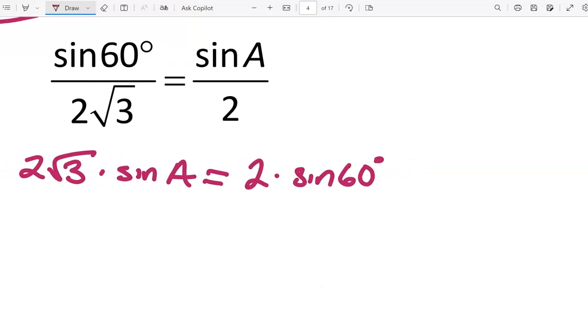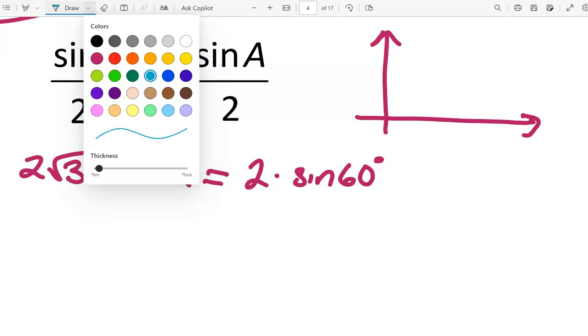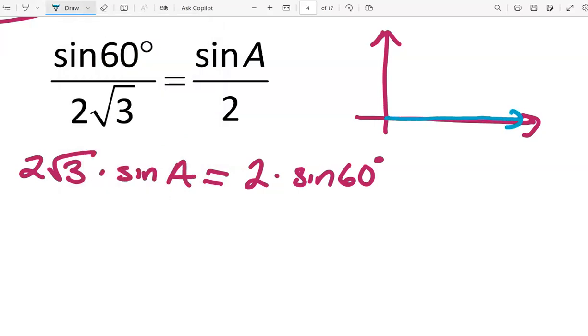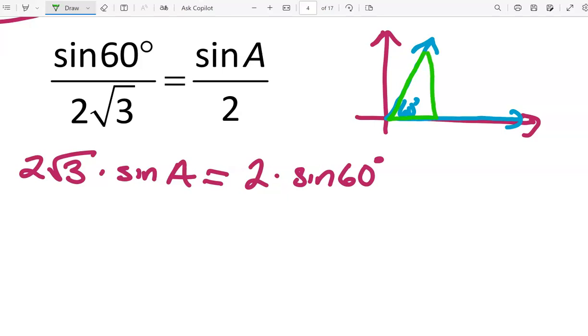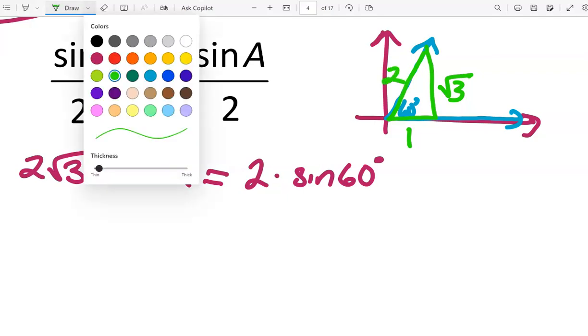Now we have a sine of 60 degrees that will need to be evaluated. When drawn in standard position, an angle with 60 degrees will terminate in quadrant 1. Let's draw in our reference triangle. And that will have sides of 1, square root of 3, and 2.